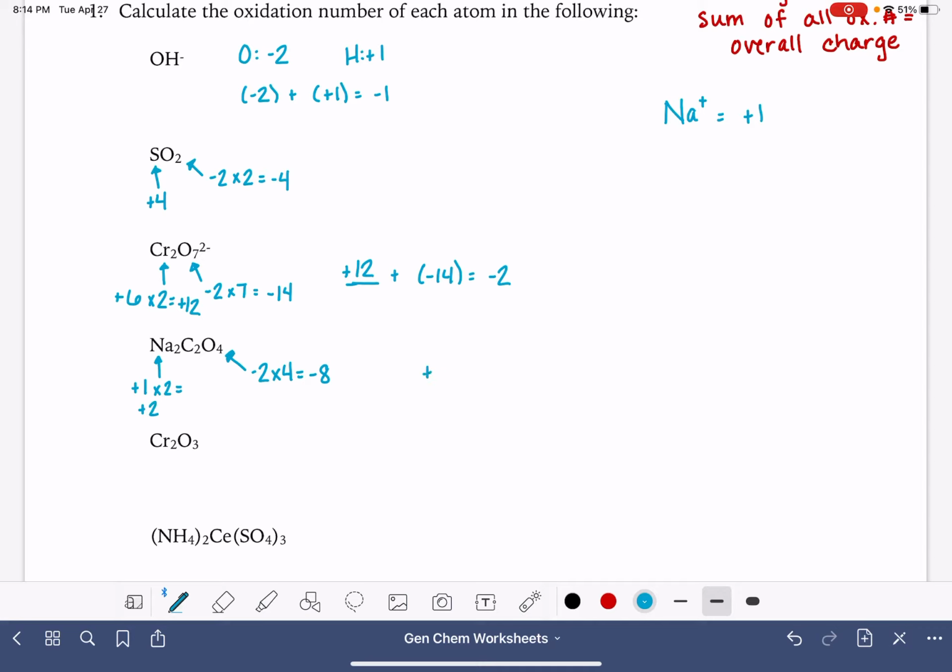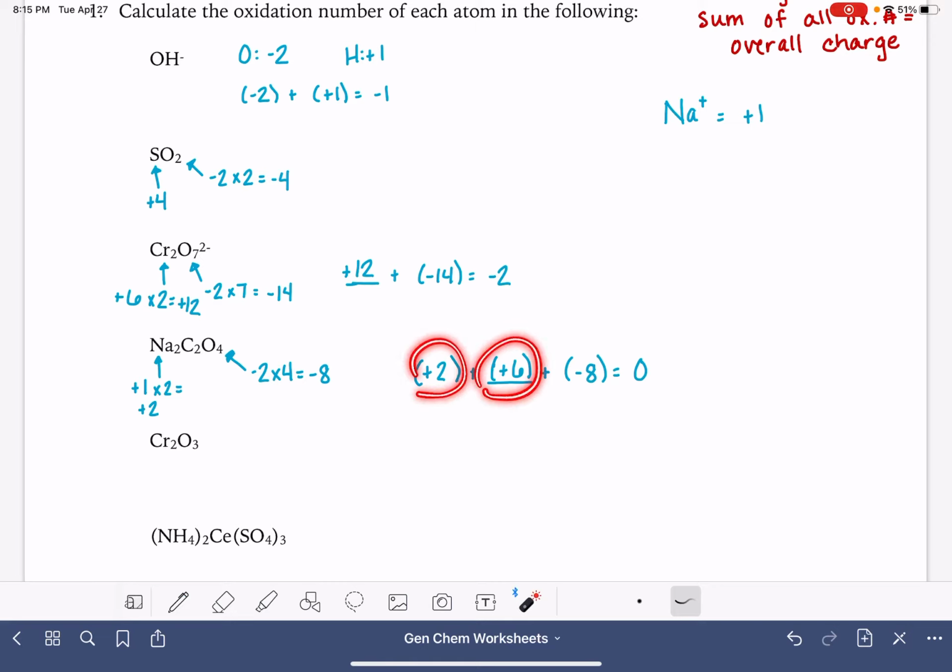We've got those 2 carbon atoms, and we don't know what their oxidation number is because carbon doesn't normally form an ion. Then we have those 4 oxygens all together, which are a -8, and all of this is going to add up to 0 because this is a neutral molecule. So we're going to do some clever math here again, and we're going to see that the number that makes sense to go in this spot is going to be a +6.